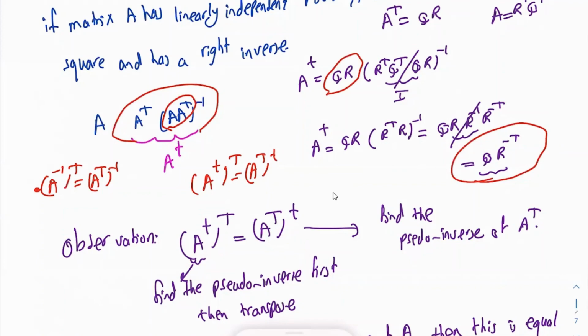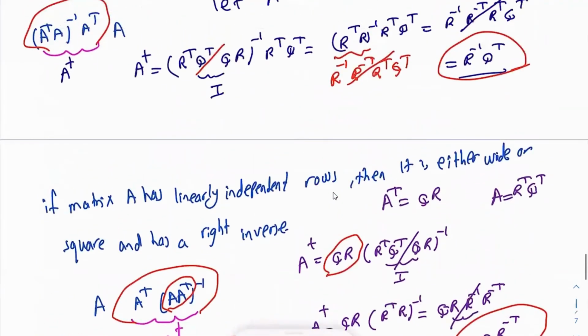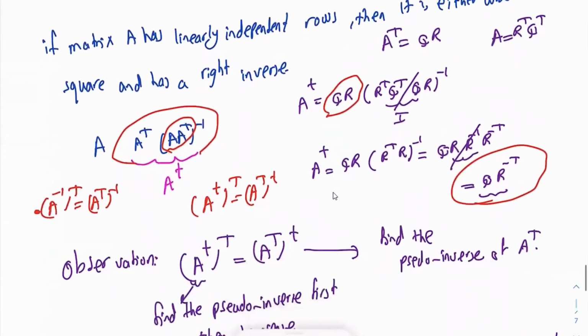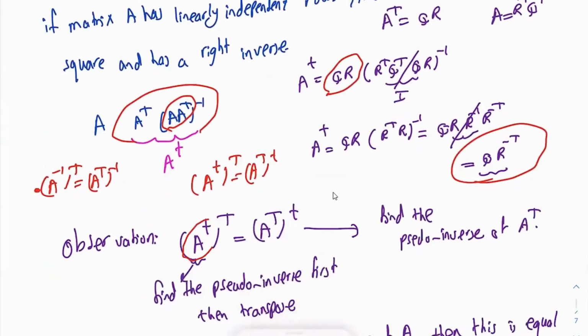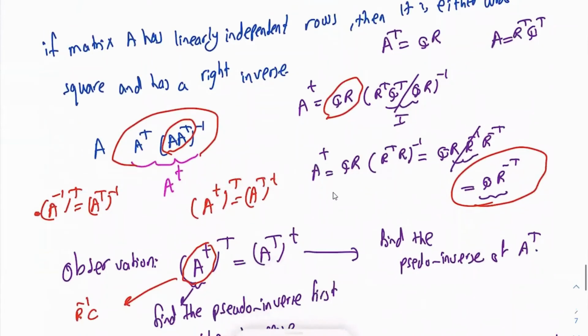Okay, so what are we doing here? Let's take a look at the left inverse of A. This is the left inverse of A, right? So R inverse Q transpose. This pseudo inverse is the left inverse, right? So it's equal to R inverse Q transpose. So if I transpose that, I should get the right inverse, right? I don't need to even calculate the right inverse.